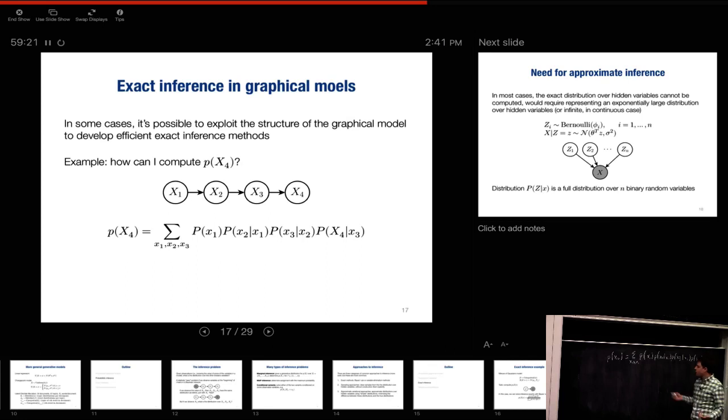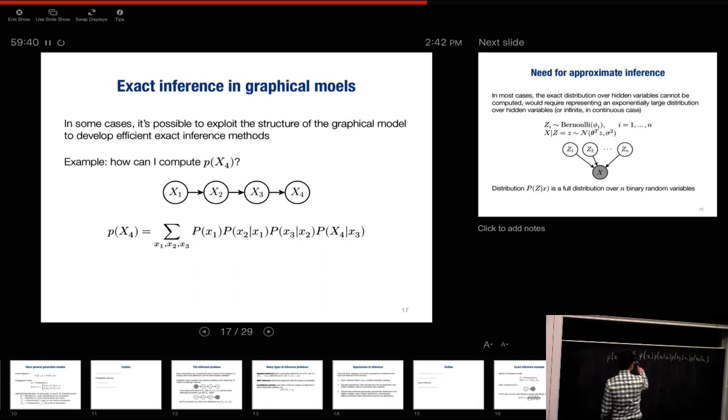Now, naively, what you would do here is take every single possible assignment of all these variables and sum over all possible assignments, all 2 to the 3 assignments. But that ignores all the actual structure in your model. So what you can do here is rearrange some of these sums.